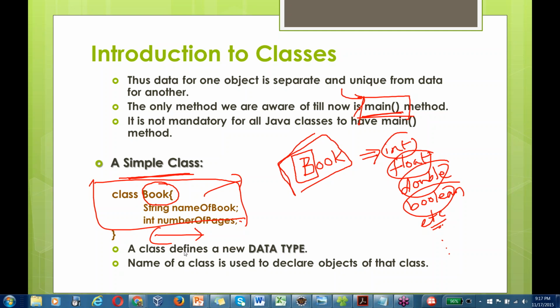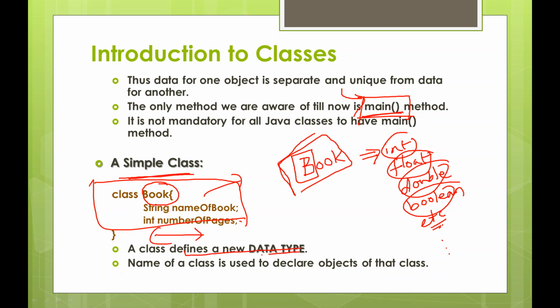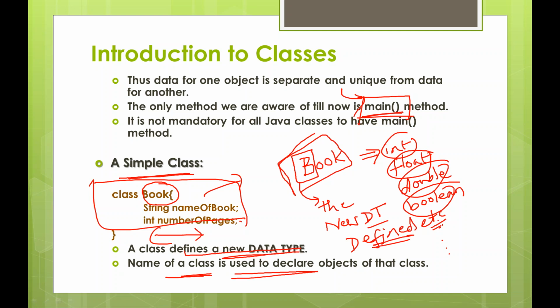Again I'm just highlighting: the class name defines a new data type. I'll just mention DT as data type, new data type defined. Why do we use int, float, double, boolean?